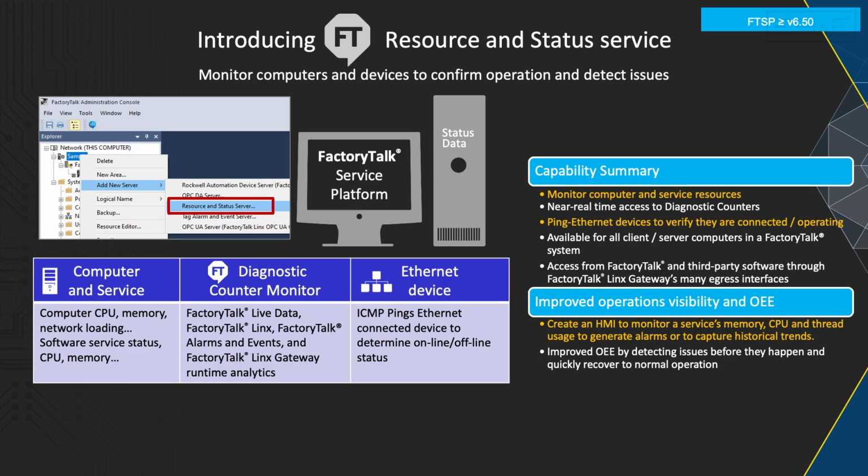So let's start with the resource status services. There are three components to this. We're talking about, like I said earlier, computer CPU, memory, network load, and software services that are running. Some of these applications, you fire them up and everything's running great, and then all of a sudden a service stops for some reason, right?